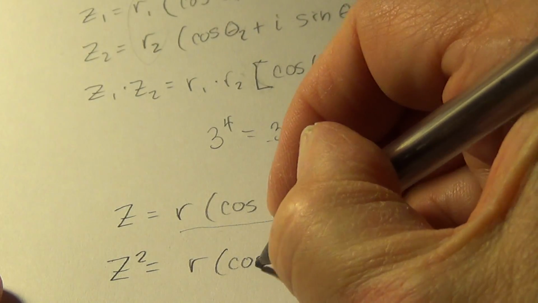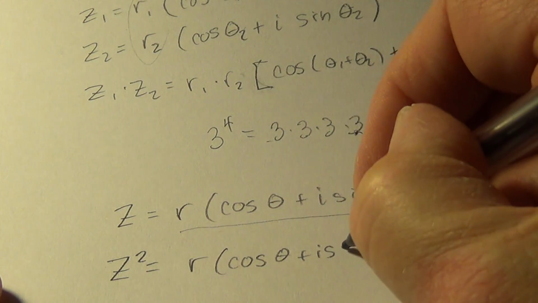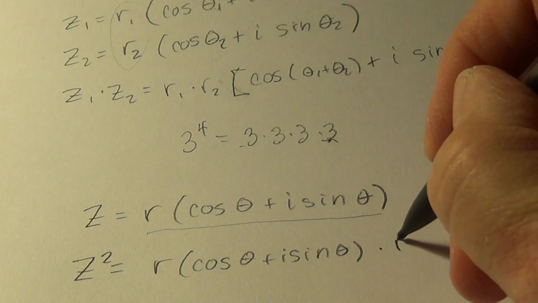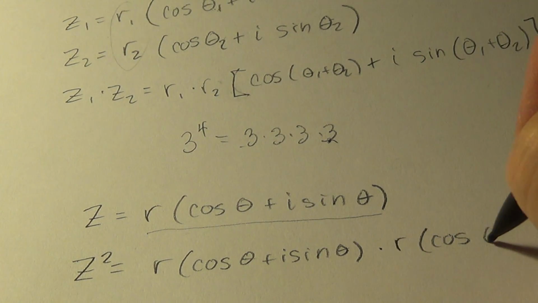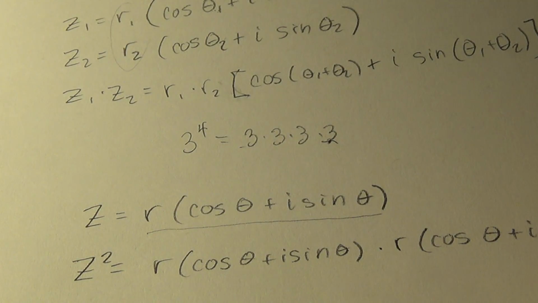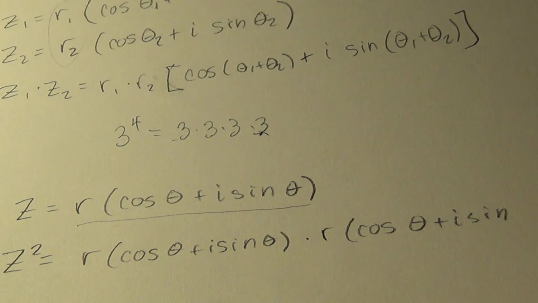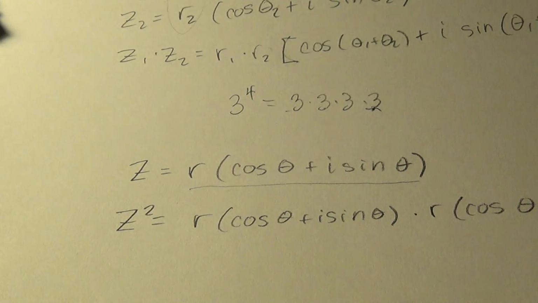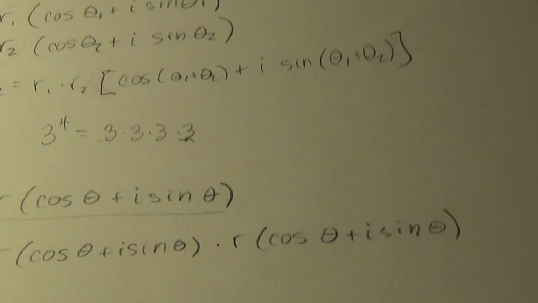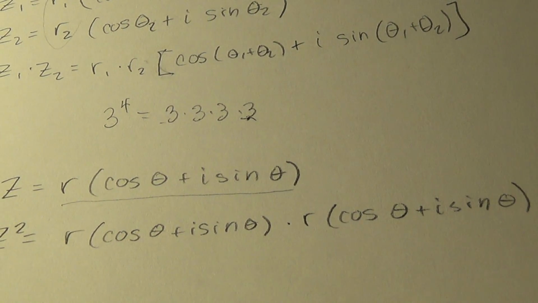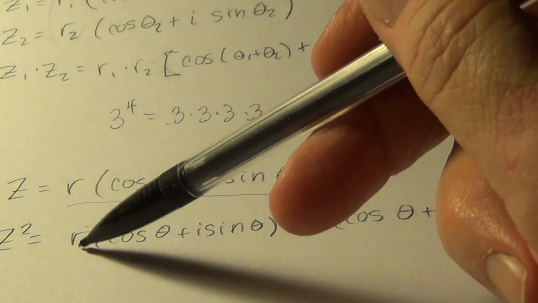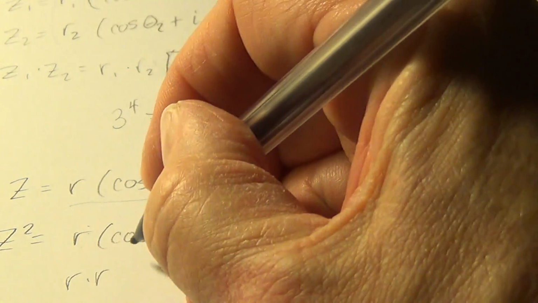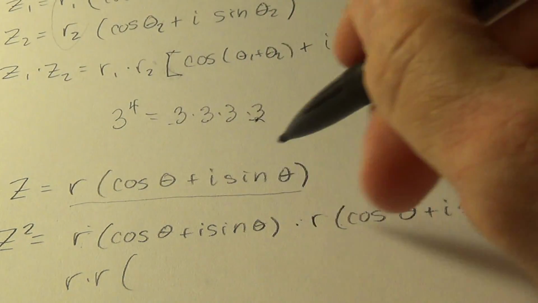So I'm going to rewrite it, there's the number, times itself. That's what it means to square something. And there we go, fits on there barely. So we recall that when you multiply two complex numbers in trig form, you multiply their magnitudes. So we're going to have r times r, and you add the angles.